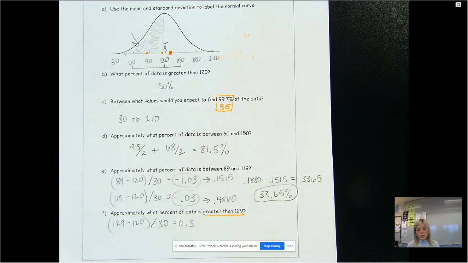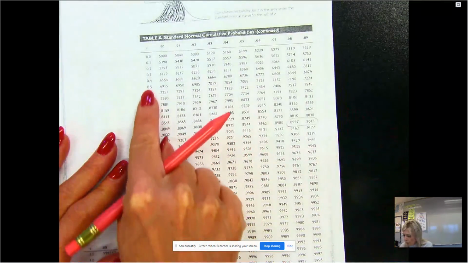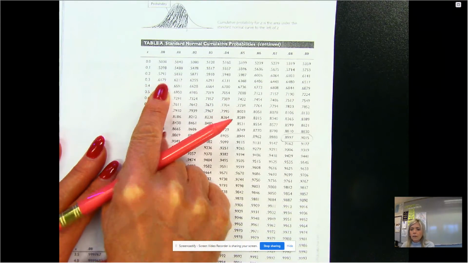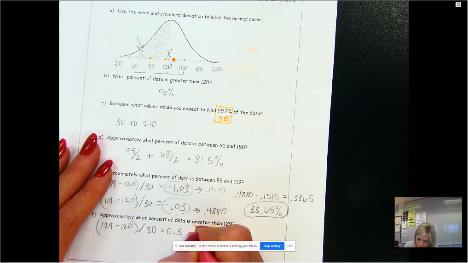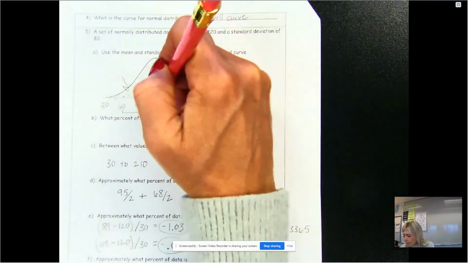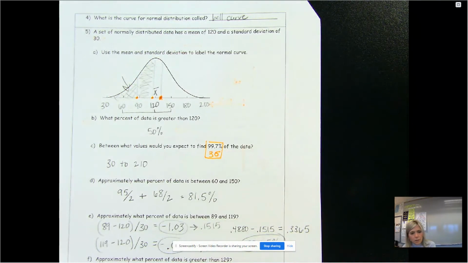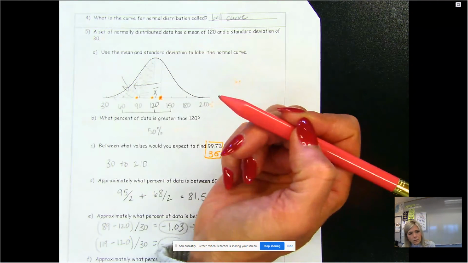Okay, so I'm going to find 0.3 on the positive side of this table. 0.3 is right here. 0.6179 is the proportion. So what that tells us, if we look back here, if this is our data point of 129, the 0.6179 is the area that way.